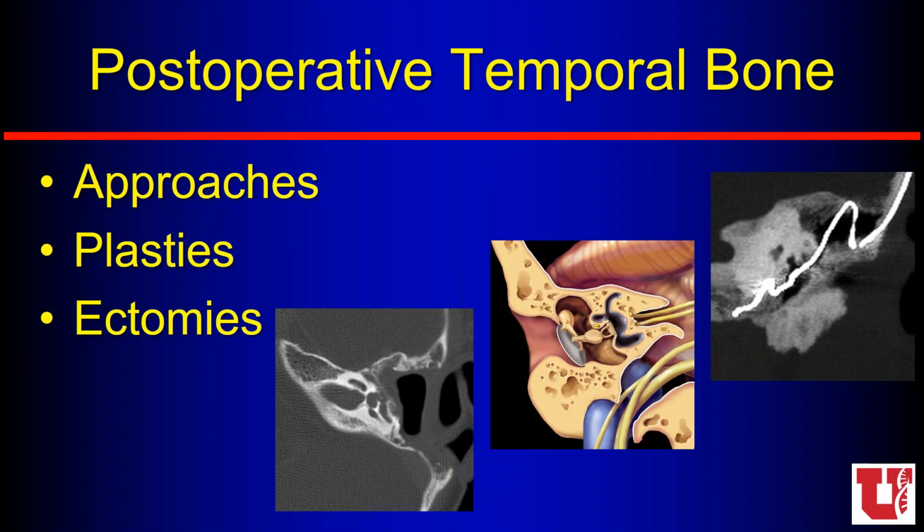Is it a modified radical mastoidectomy where they resected the mastoid air cells but reconstructed the ossicles and the tympanic membrane? Or is it a radical mastoidectomy where they resected everything and may have just put a big myocutaneous bulk flap filling the area, and with a radical mastoidectomy, they did not make any attempt to reconstruct the ossicles or the tympanic membrane itself.